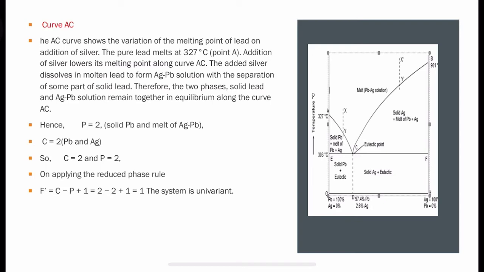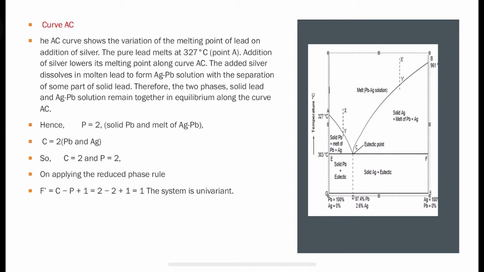That means pure lead melts at 320 degrees Celsius at point A. Now as we gradually add silver, the melting point decreases along curve AC, and the added silver dissolves in the molten lead to form a lead and silver solution, with the separation of some solid lead. Therefore, two phases, solid lead and molten lead-silver solution, remain together in equilibrium along curve AC. You can see the two phases: one is solid lead and the other is the solution of lead and silver.